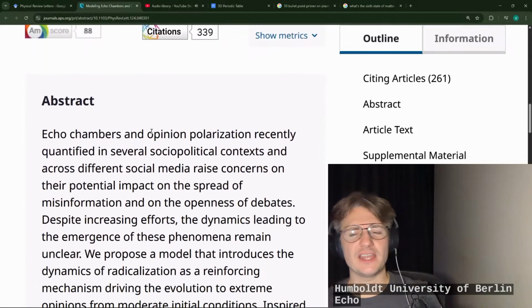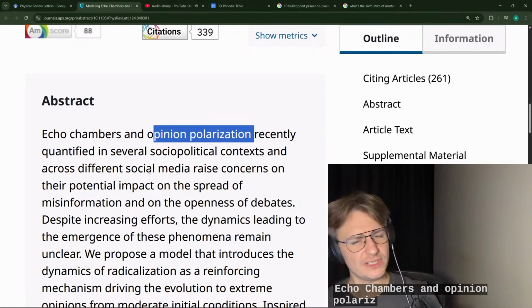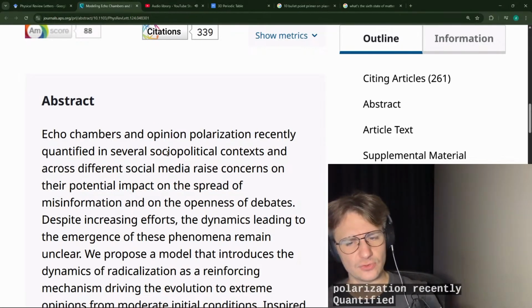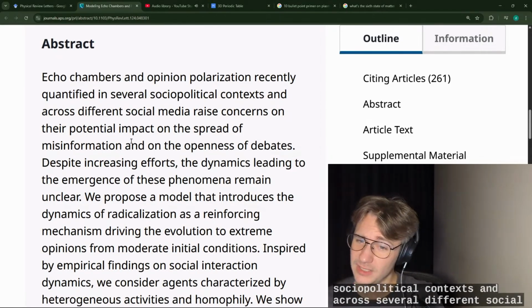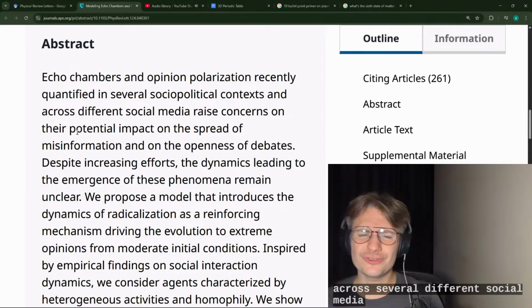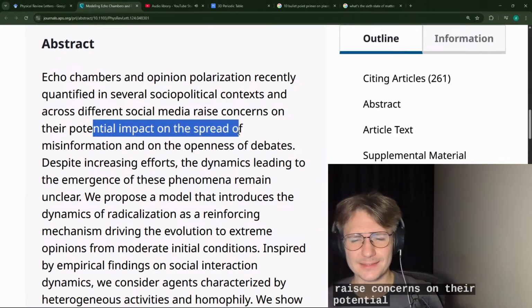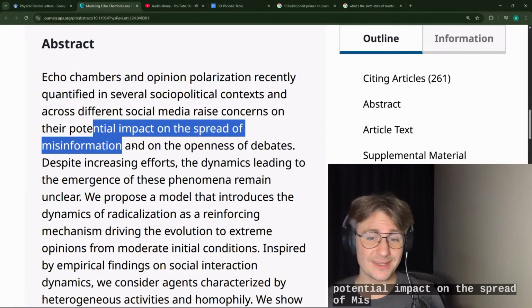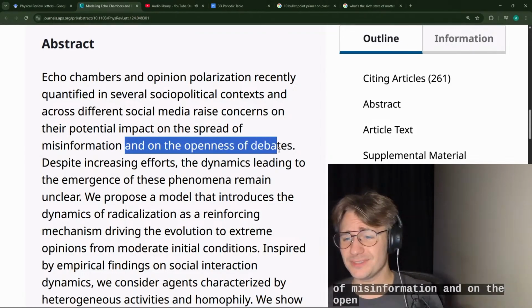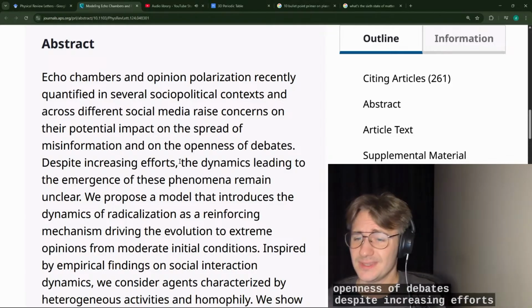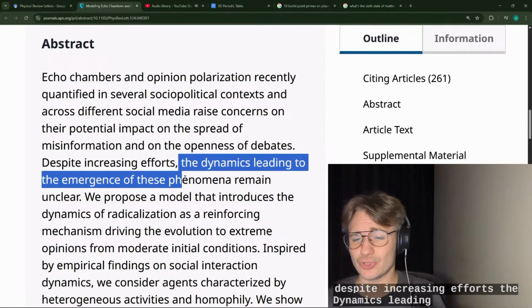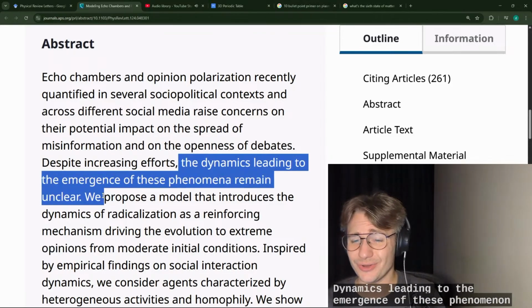Echo chambers and opinion polarization, recently quantified in several sociopolitical contexts and across several different social media, raise concerns on their potential impact on the spread of misinformation and on the openness of debates. Despite increasing efforts, the dynamics leading to the emergence of these phenomena remain unclear.